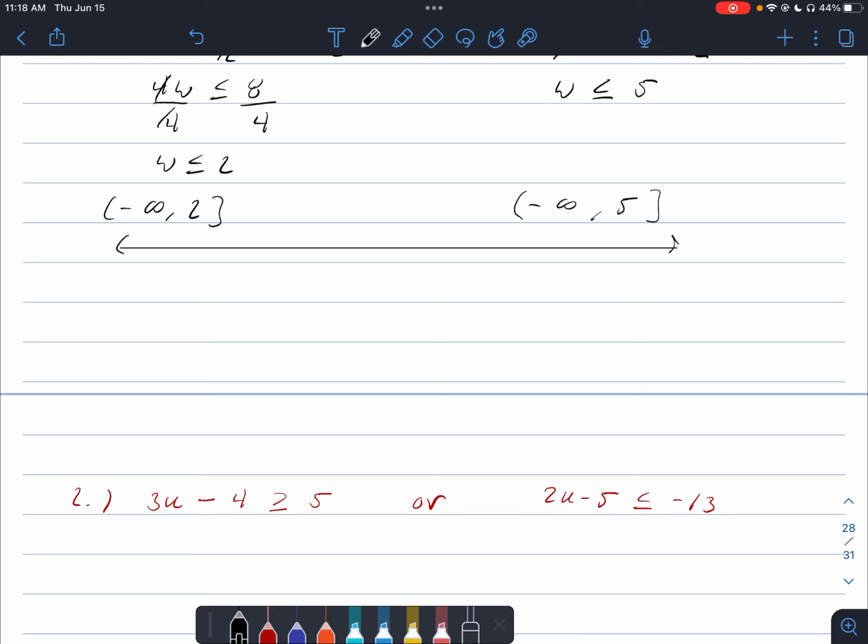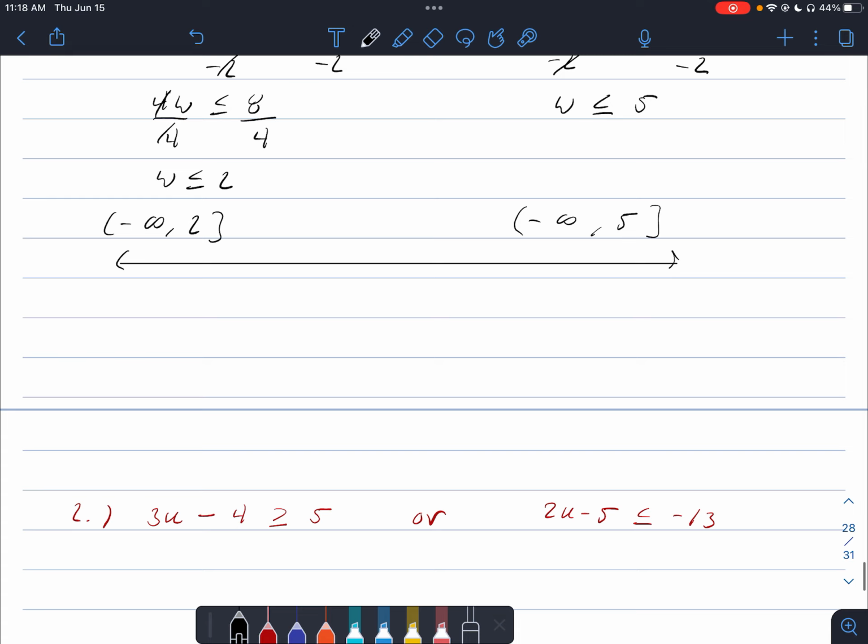So for this left one here, we have negative infinity to 2. So we'll just label our important points here, 2 and 5. Okay, so we will do everything less than or equal to 2. Okay, and then here we'll do everything less than or equal to 5.